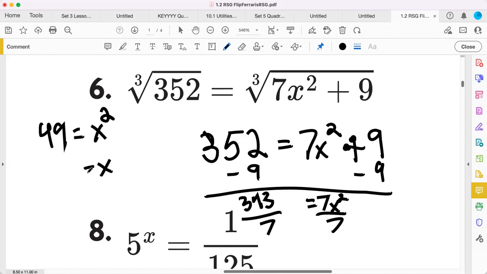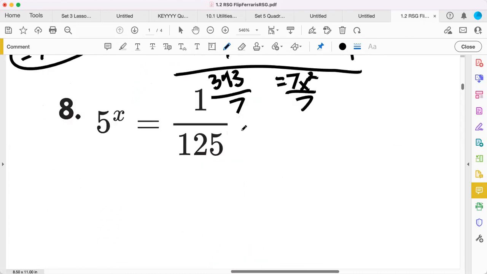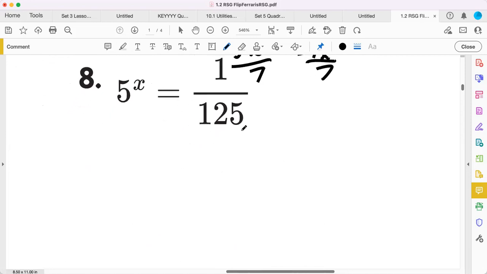So x, in this case, you get two answers. That's okay. It can be plus minus 7. Plug it back in. If you're not convinced, check it. There you go. 8's a little cryptic. It's pretty much saying there's some exponent for 5 that would equal 1 over 125. So this you might need to get a little big with the arithmetic, kind of throw some things together.